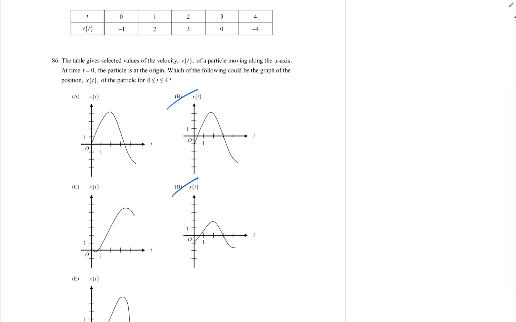This has got to start at the origin. The velocity is negative, so that means it starts off going in the negative direction. So it's not this one, it's one of these two.